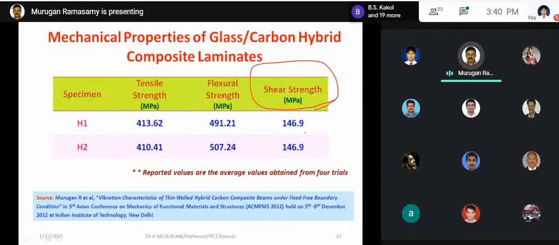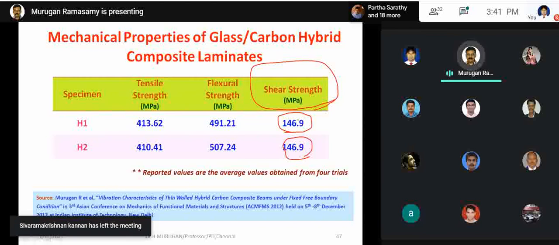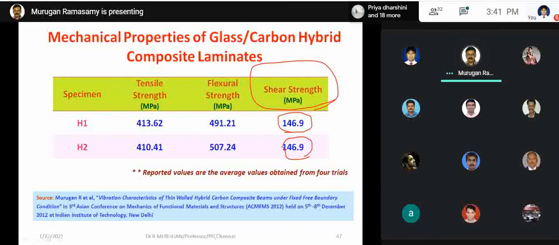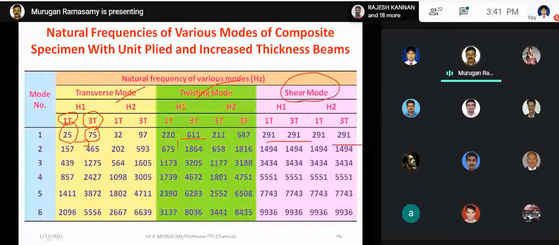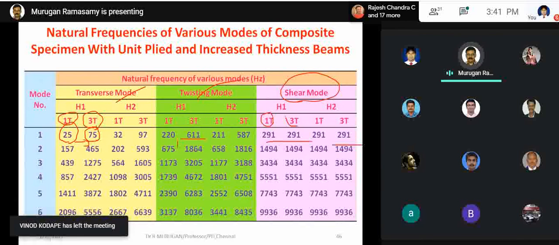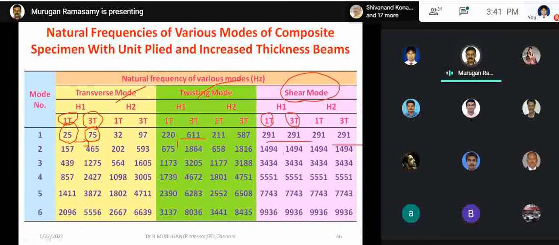Based on that we understood that the shear strength of the glass fiber and carbon fiber laminates are the same. So the shear strength is not changing. Because of this reason, we found that the shear mode frequencies are not changing for the unit thickness or the higher thickness laminate. The frequency values are coming the same.